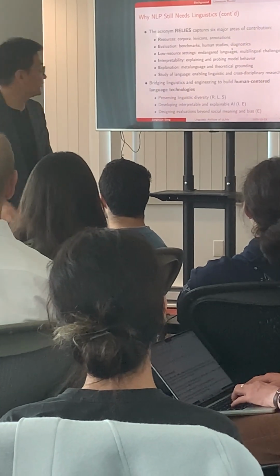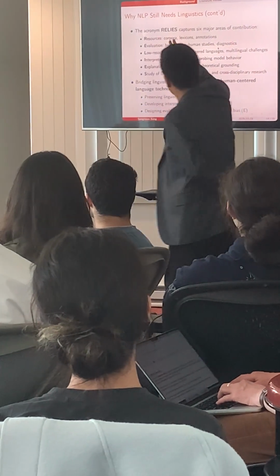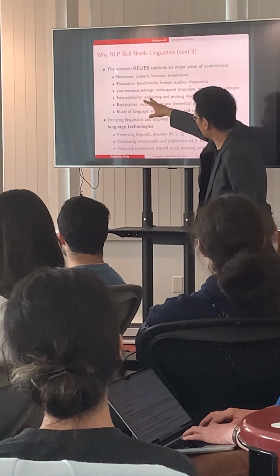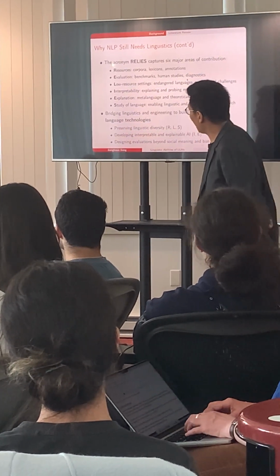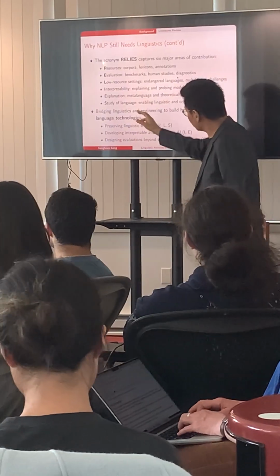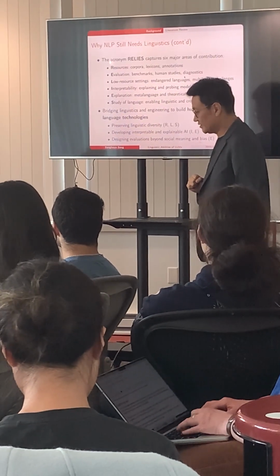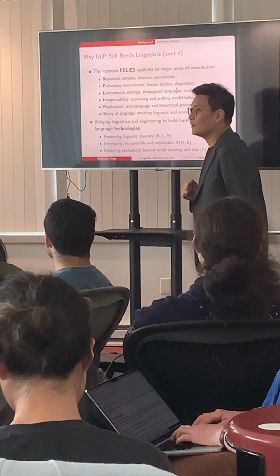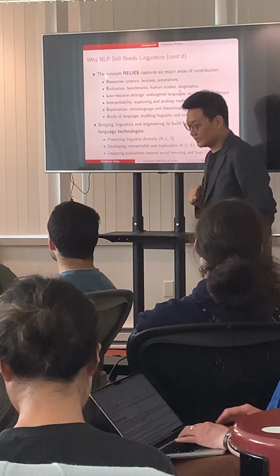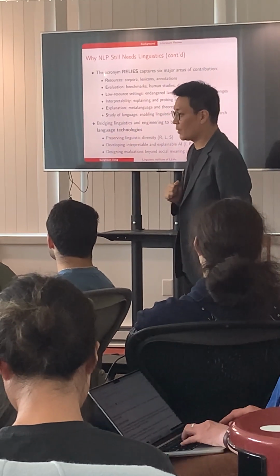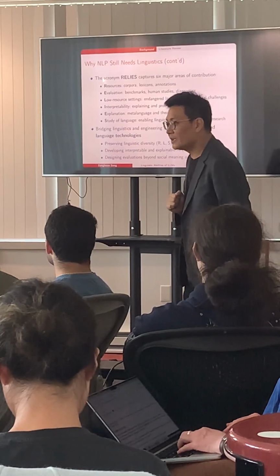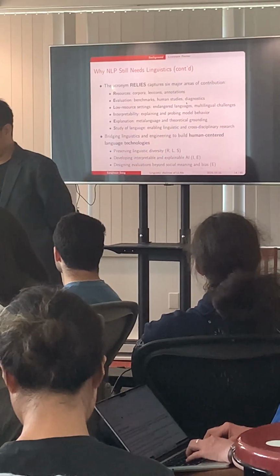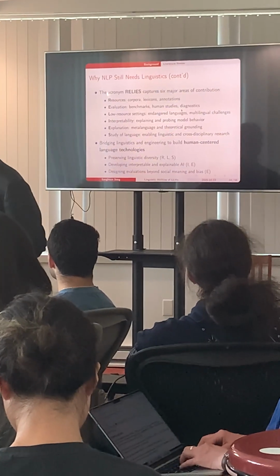The first one is resource, the second one is evaluation, then low resource settings, interpretability, explanation, and finally studyable language. That means linguistic theory is still quite important, at least for evaluating and improving large language models. If you have time, I strongly recommend you read this paper.